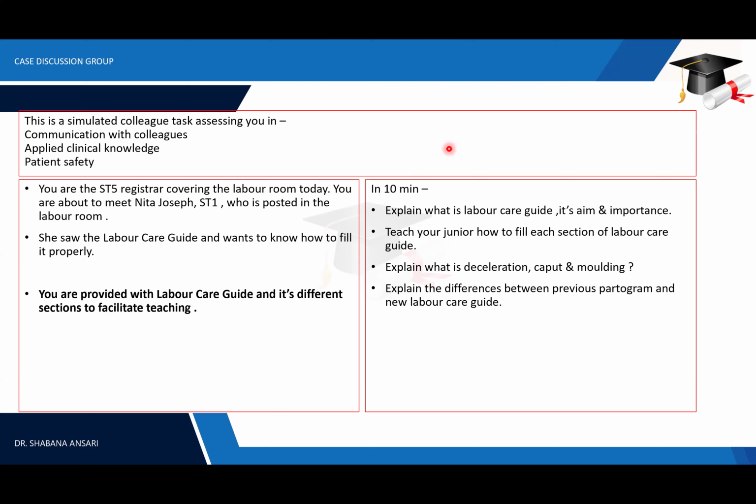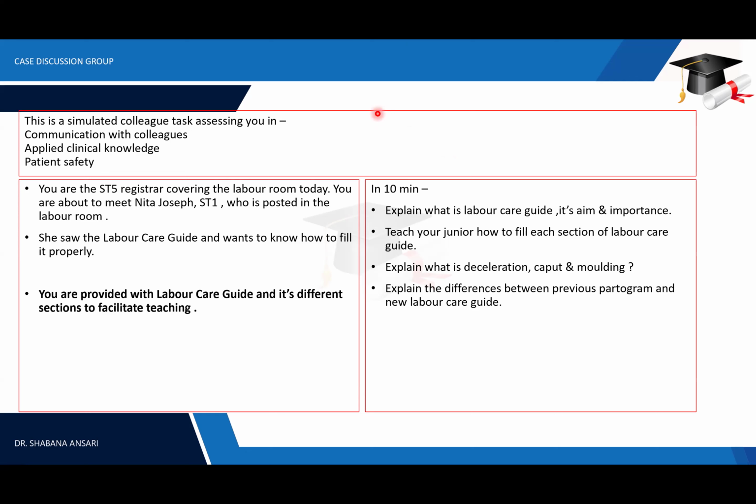Is there any problem in your connection? Am I audible? Now your voice is coming. I thought, where did you go? Sorry. Take your time.